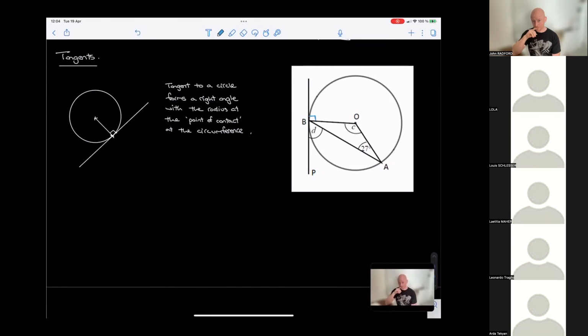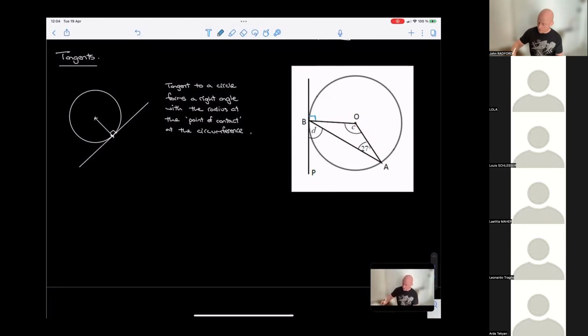Second thing, and this happens a lot, is that the triangle I'm hovering over right now is an isosceles triangle, because OB and OA are both formed with the radius of the circle. So OB has to be equal to OA.